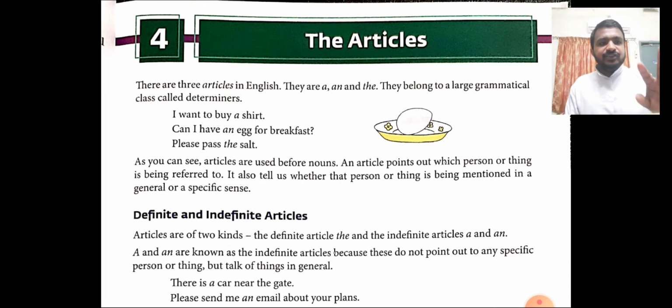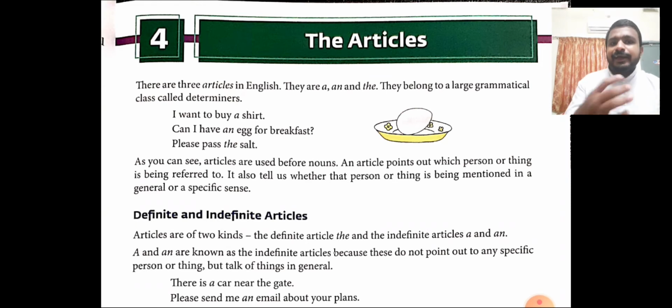And the third one is whether that person or thing is being mentioned in a general or specific sense. Now when we go forward, let us see more about what I mean by this general or specific sense.